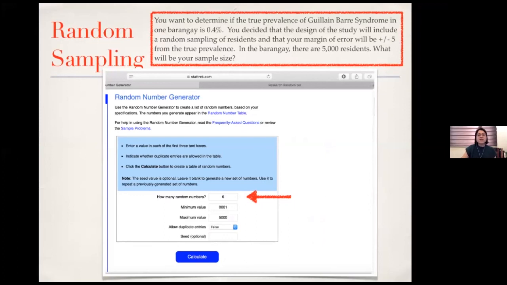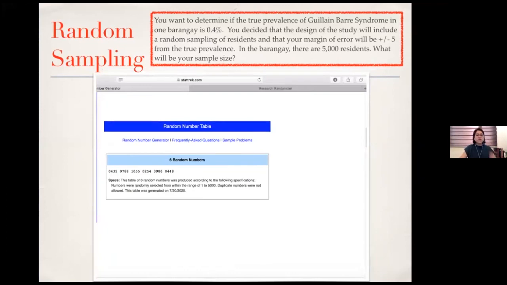And then the minimum value, since our barangay has 5,000 residents, so syempre, our minimum value is resident number 1, and the topmost value is 5,000, resident number 5,000. Now, allow duplicate entries, false. No, I will not have duplicate entries because I need one unique person at the same time. No? Now, you click calculate and this will come out.